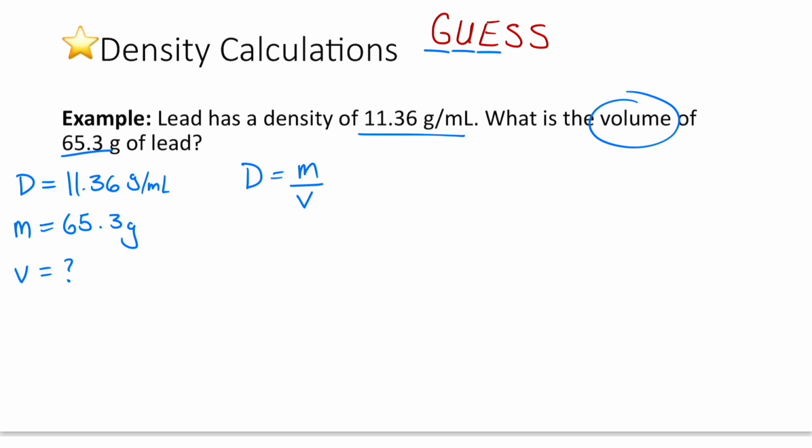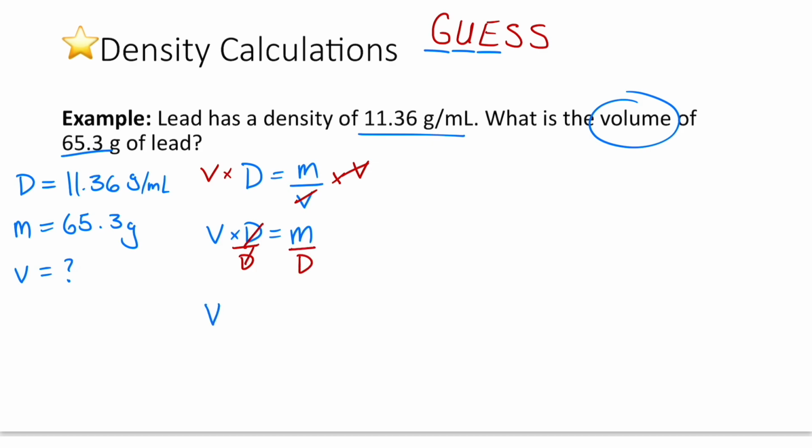So if I was going to rearrange this equation to solve for volume, I'd multiply both sides by volume to get volume out of the denominator. And then we'd have volume times density equals mass. To get volume by itself, I'd divide both sides by density.